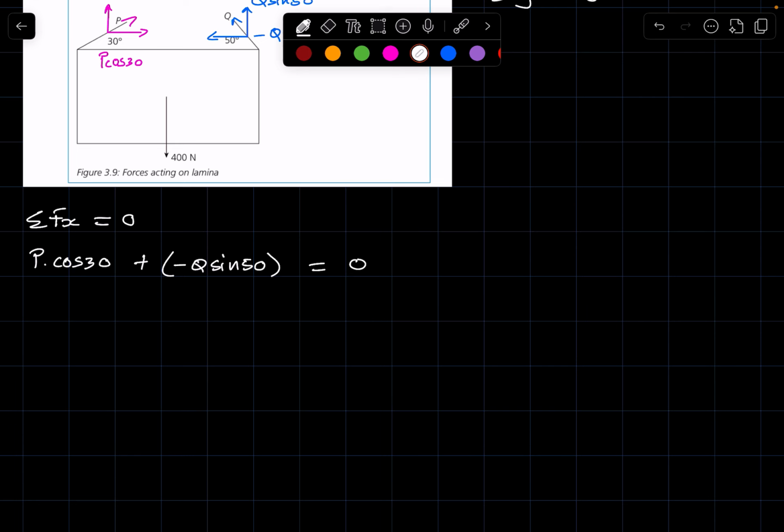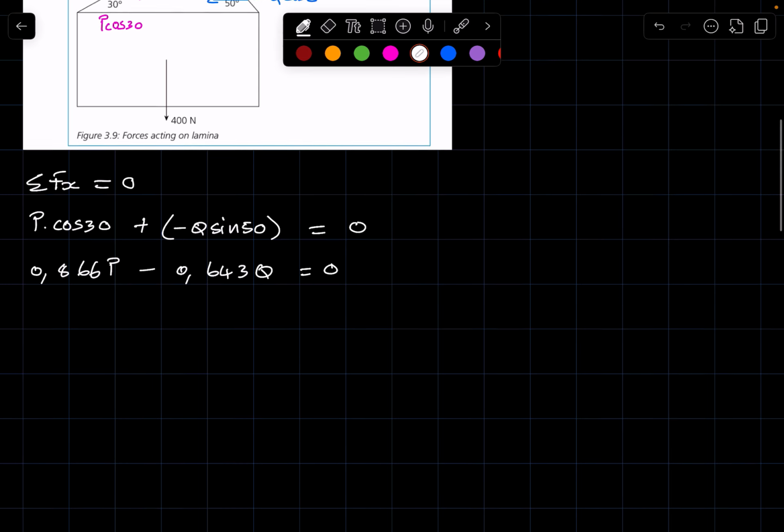If you punch cos 30 in your calculators, you're going to get 0.866 P. And then of course this becomes negative, and then sine 50 is 0.643 Q is equal to 0.